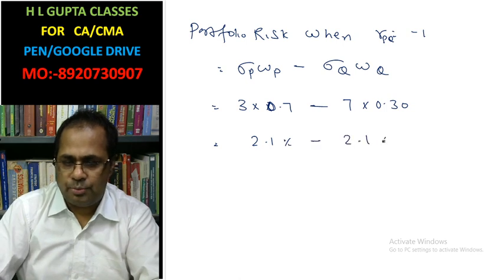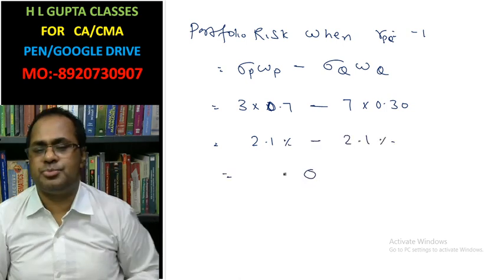That gives 2.1% minus 2.1%, which equals 0%, which is proved.